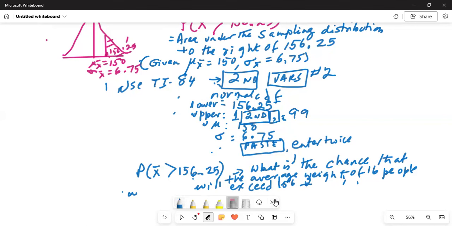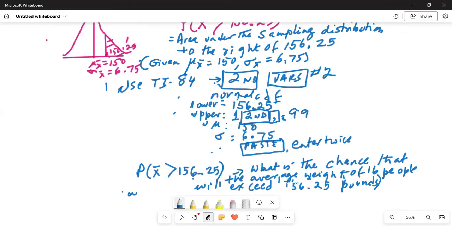Oof, let me write it correctly. Will exceed 156.25 pounds. That means the total weight will exceed 2,500 pounds.